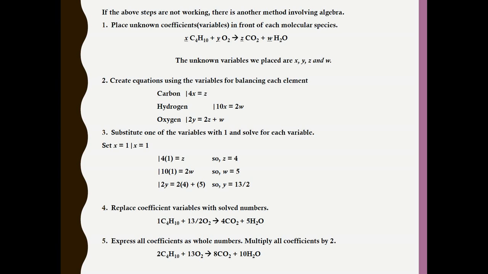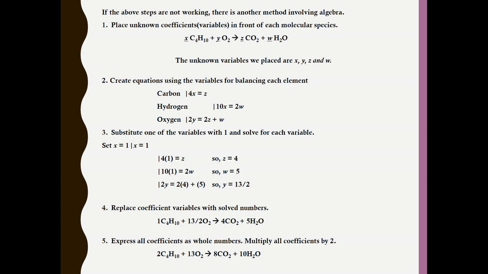I get Z from my carbon dioxide, and there is a 2 as a subscript for oxygen. I multiply those two and add that with W from the next molecule, water. So my oxygen is going to be 1 times W. So 2Y, in the end, is equal to 2Z plus W.